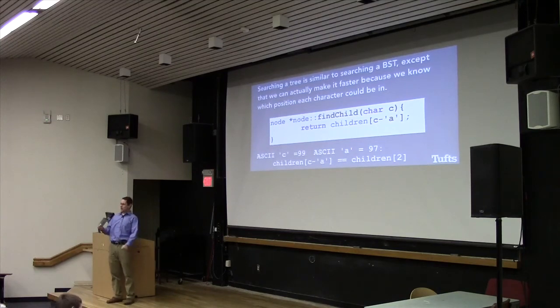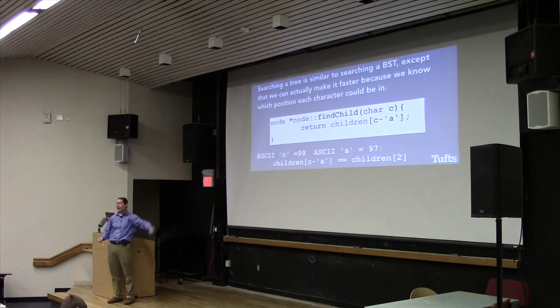You can say, all right, if I know that a character, based on its alphabetic location, gives you a zero-based representation, A is 0, B is 1, etc., you can do the following. You can say return children of the letter, which is an integer. In this case, it's the integer 99 in ASCII.